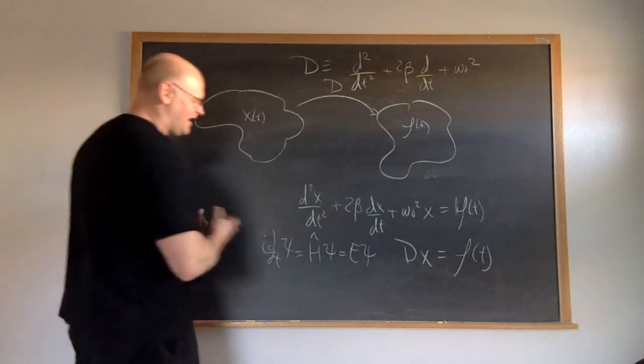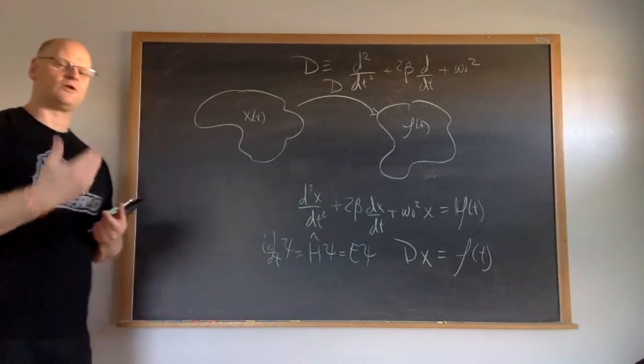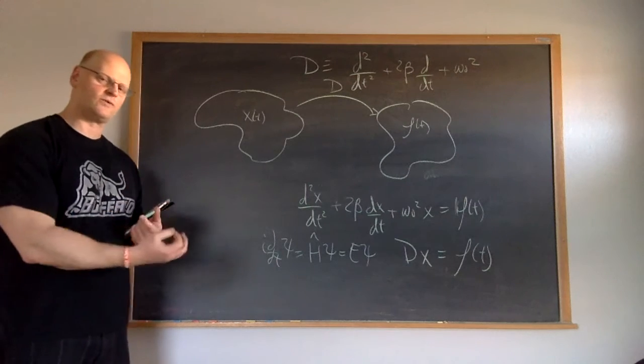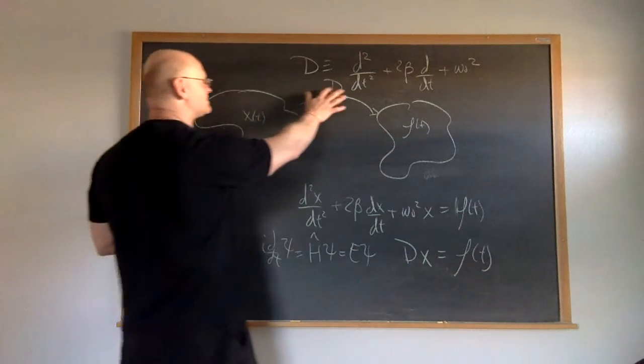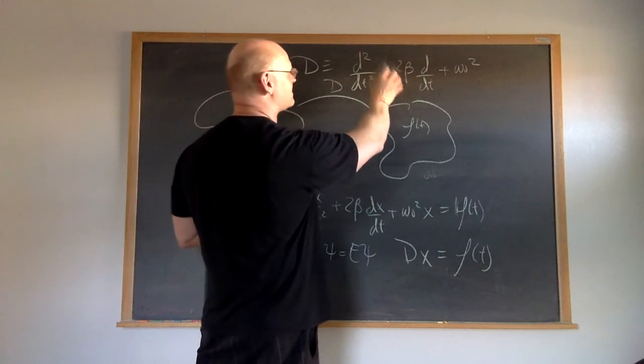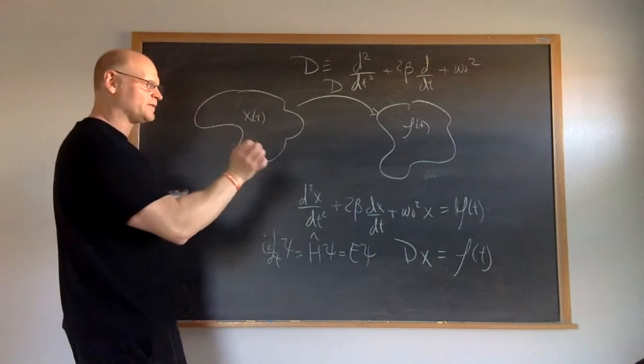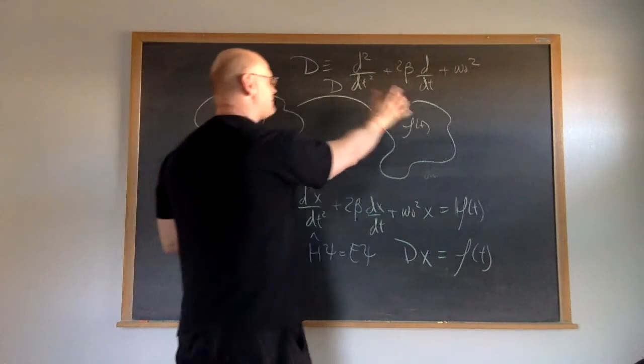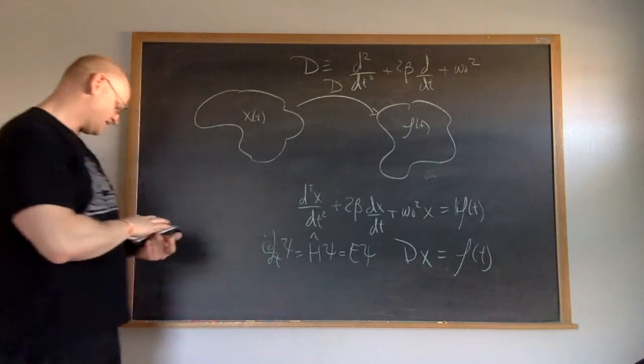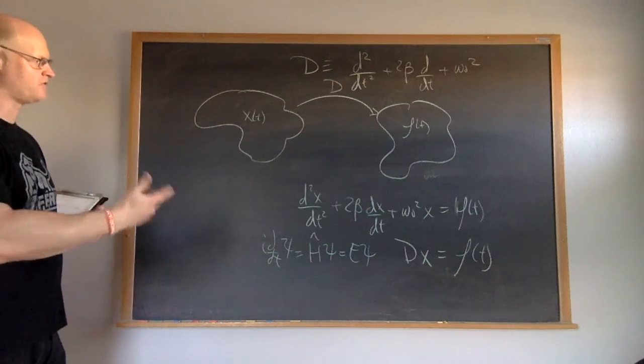But anyways, H is a differential operator because it depends on derivatives. Ultimately what that does is it takes our function and maps it from one space to another space, which basically just changes this function.